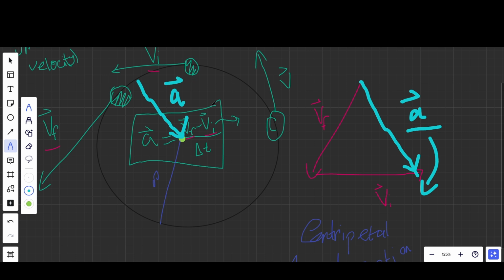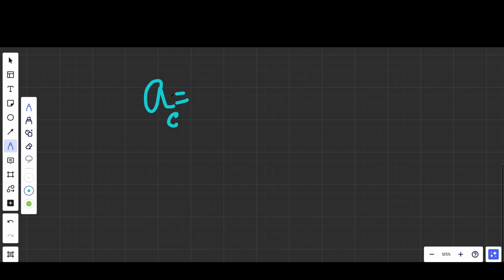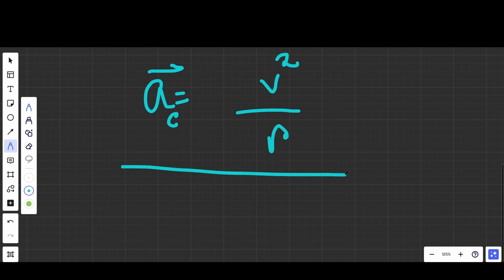Now we'll be talking about the equation for the centripetal acceleration, which seems pretty important. I'm just going to give it to you for the sake of it right now, and then we're going to try to derive it from our understanding of the universe. So the equation that gives us the centripetal acceleration, with a little subscript c, is actually v squared over r. That's it.